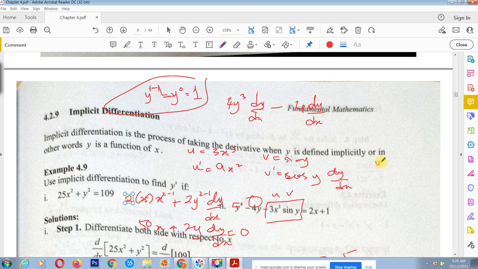So v prime u plus v u prime. So u is 3x cubed, v prime is cos y dy dx, and then plus v.